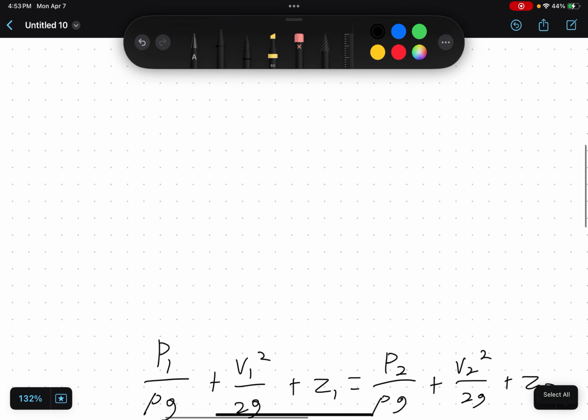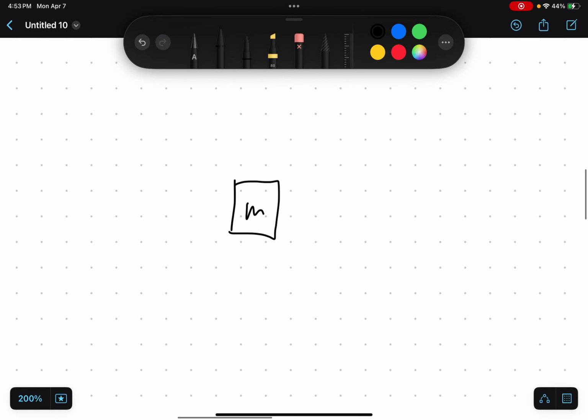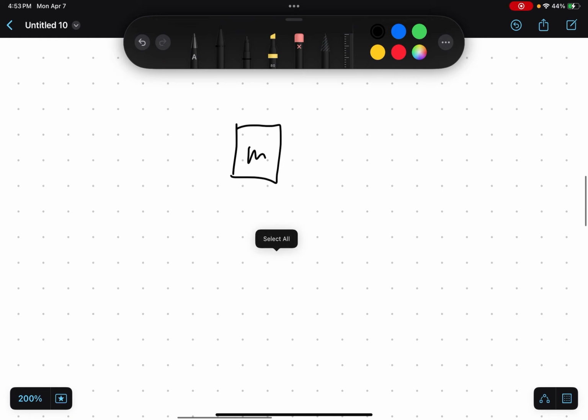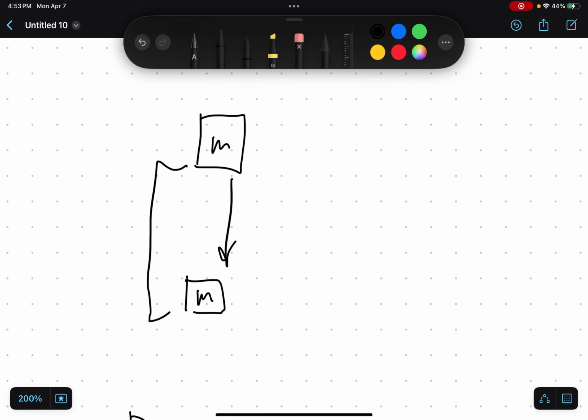In physics, you learn that if you have a box with mass m and you drop it a set distance, you can calculate the velocity.